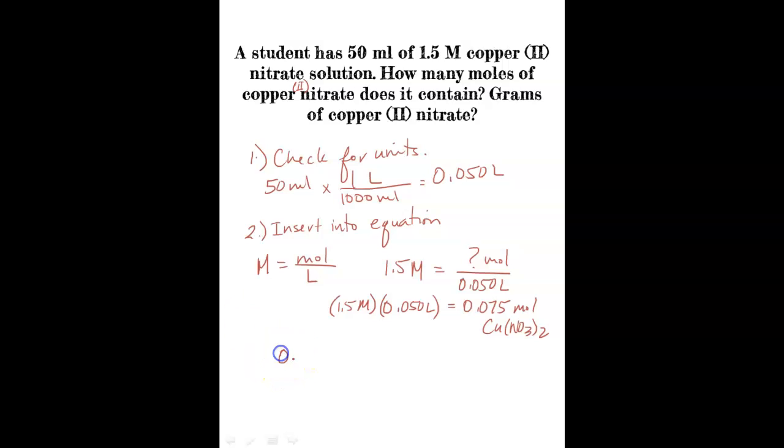grams, and so now I do a mole to gram conversion. And in this case, I again look at my conversion factor. I know that 1 mole of CuNO32 has a mass of 187.57 grams. Remember, we solved that originally. So I make sure that moles are on the bottom here.